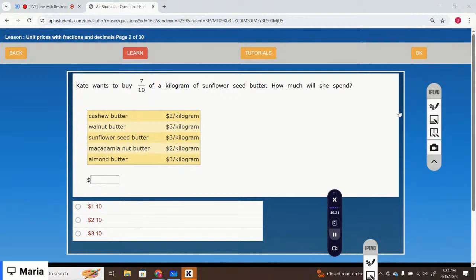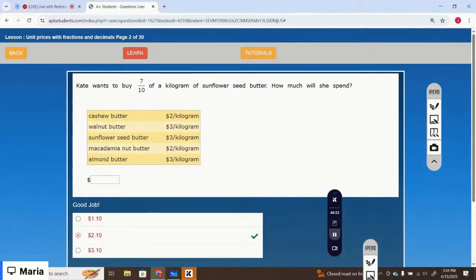Option number 2 is the correct option, that is $2.10.